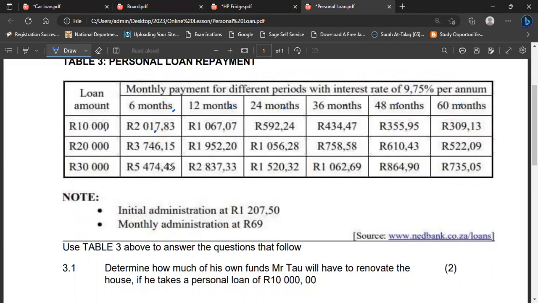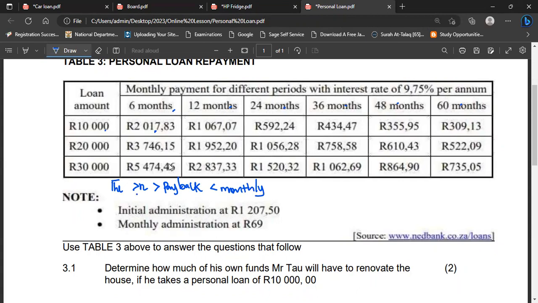Now, what I want you to know is that the longer the period, the bigger the payback, but the shorter the monthly installments.